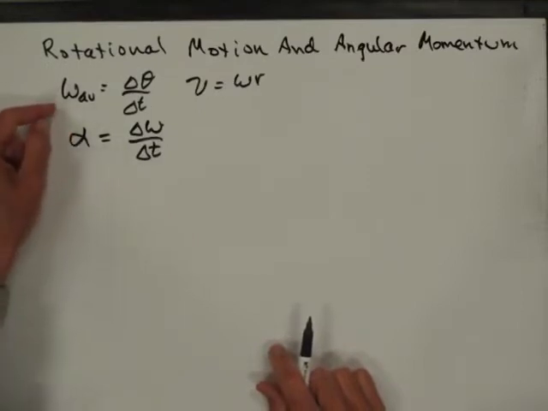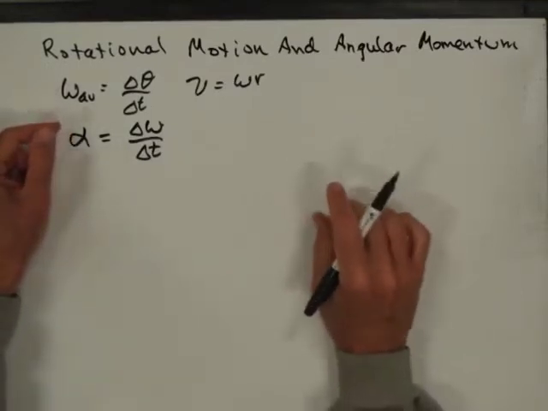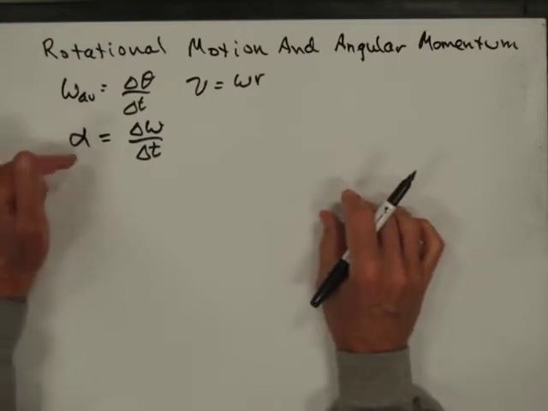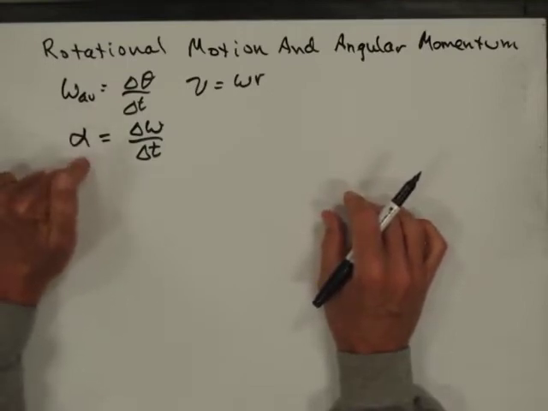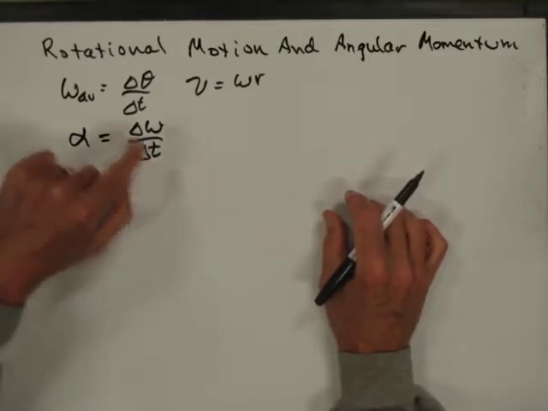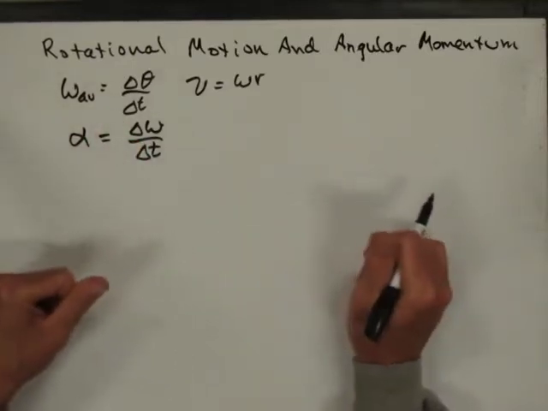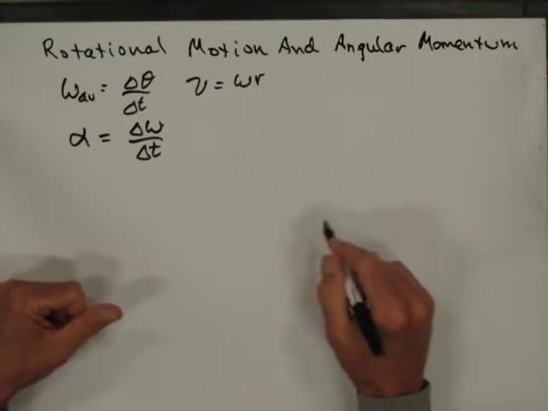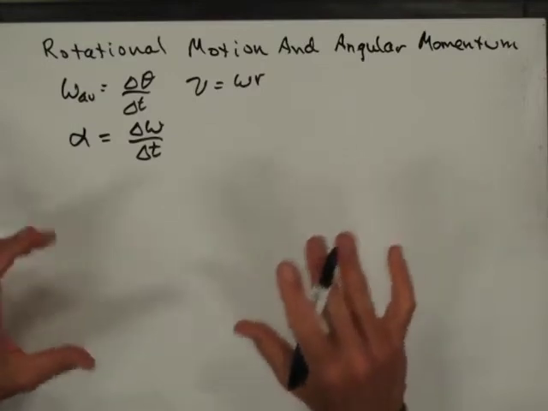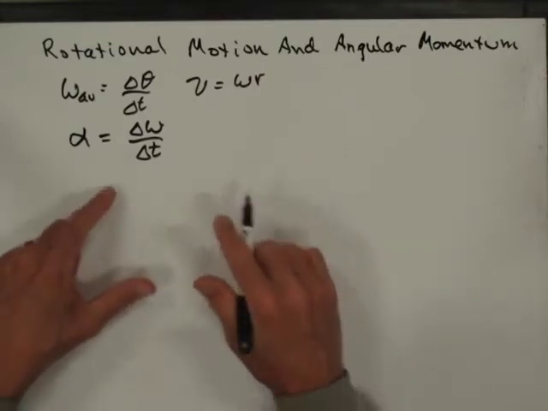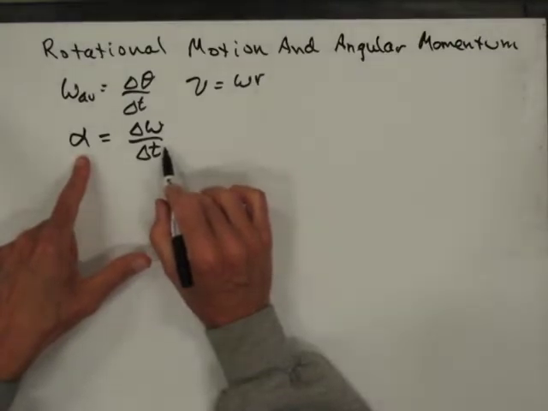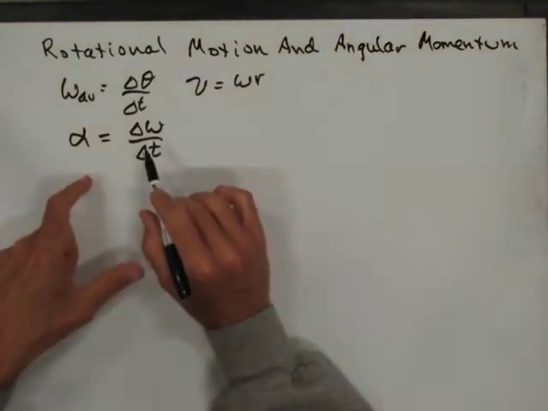If the angular velocity is constant, which it was in the chapter we did on uniform circular motion, we have no angular acceleration because delta omega is 0. But if the thing is speeding up, like you turn on a fan and it starts to spin, or you step on the brakes on your car and your wheels come to a stop, then you do have an angular acceleration, and that's how you calculate it.